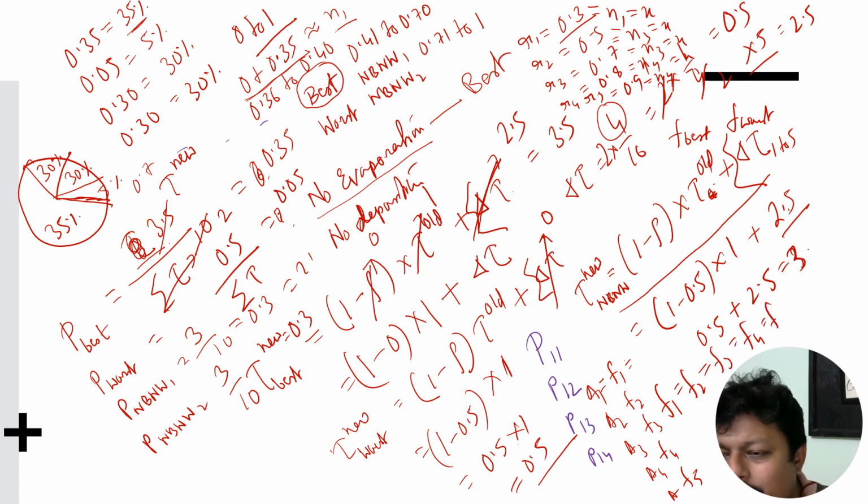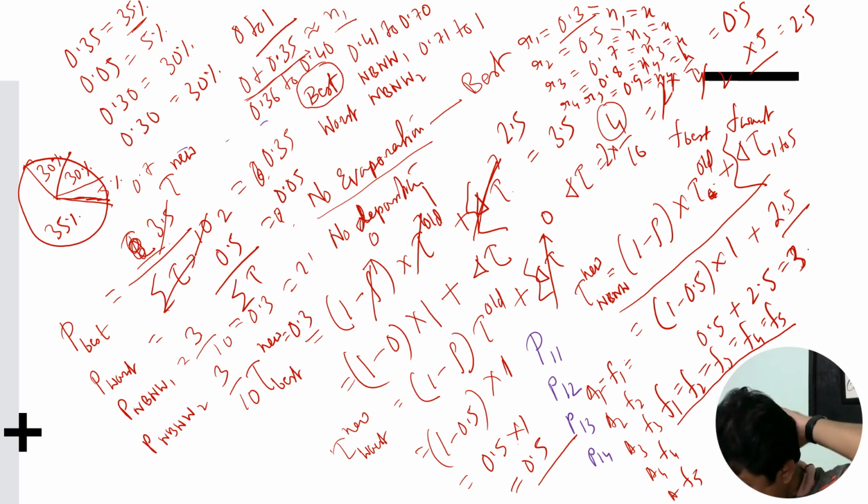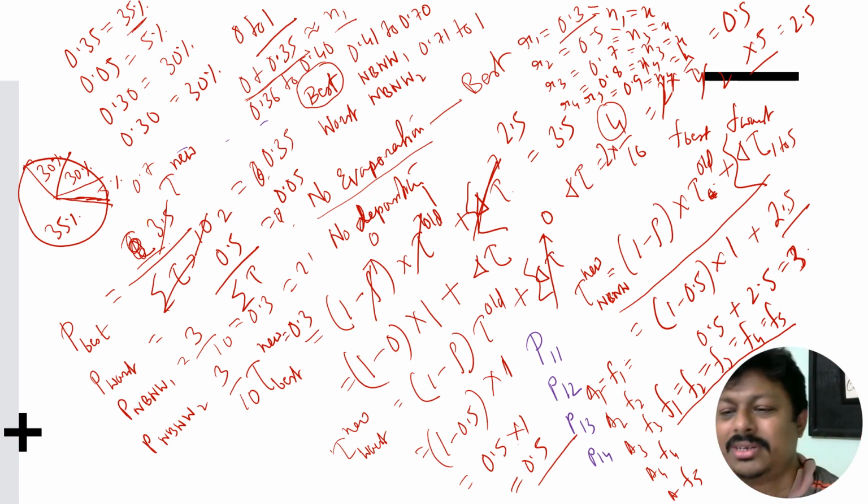At that moment, you have to stop your iterations, because there will be no further improvement. So overall, this is the ant colony optimization problem.